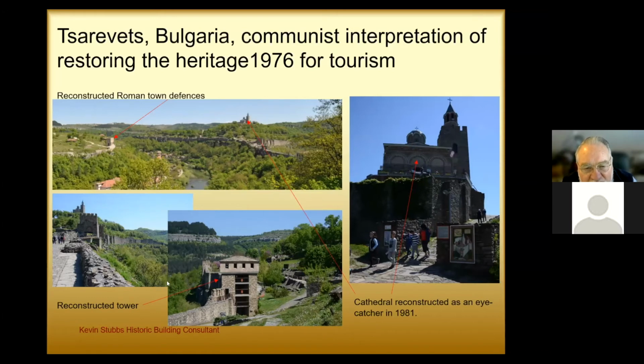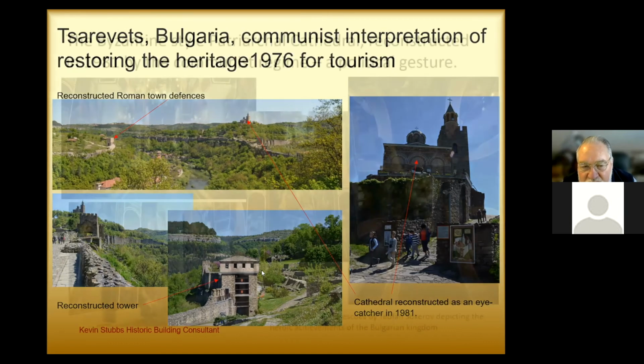The medieval city, which was ruined after the Turkish invasion, parts of that were being reconstructed with new towers, etc. And then in 1981, they reconstructed the cathedral as an eye catcher in this prominent position at the top of the hill. So it's part conservation of the historic fabric, it's part recreation, and tourism was the driver for it.